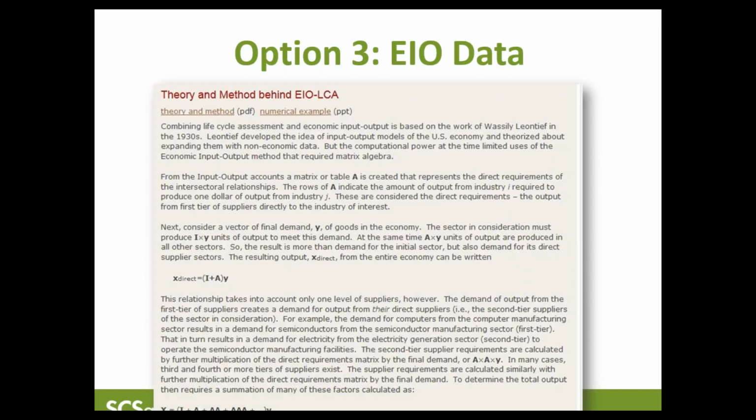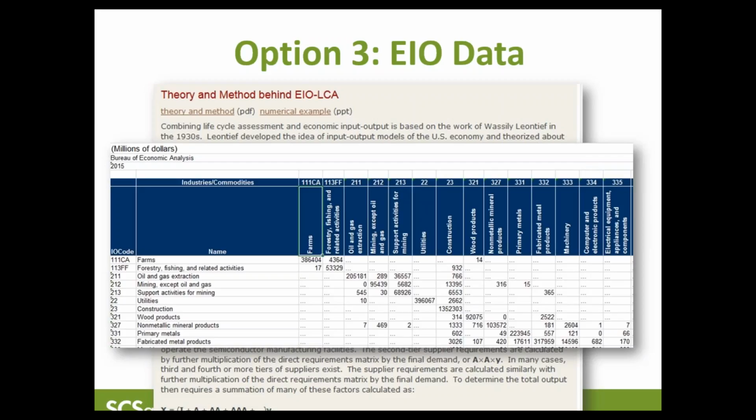Now, I won't go into the details of this, but this essentially has a complex algorithm for calculating these results that takes national economic statistics, has national average greenhouse gas factors for each of these sectors, and has a matrix multiplier across all sectors. So it gives a very holistic, at least in terms of the categories covered, evaluation of greenhouse gases per dollar of spend for each of these economic sector categories.